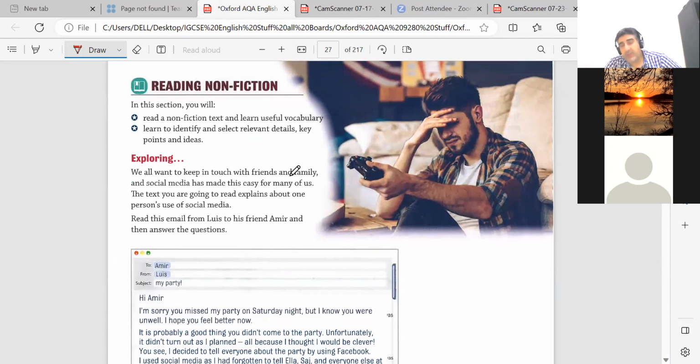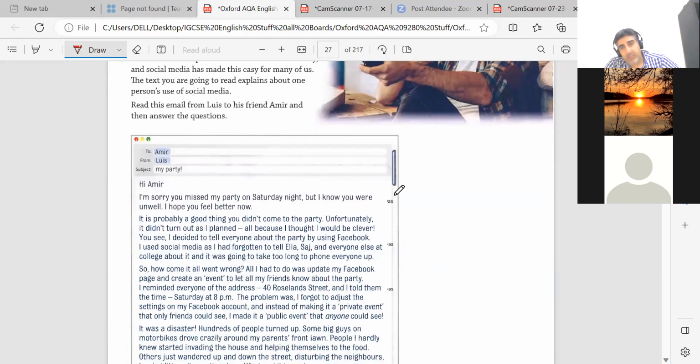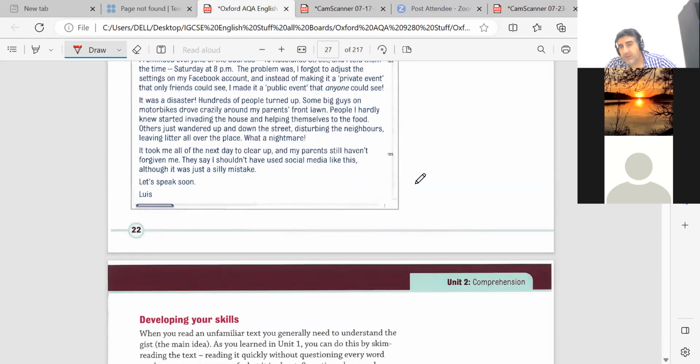Okay, so another non-fiction reading. I am sure you like it, and this is really important and useful for you, ya Muhammad, because you asked me before how can I write a diary. So this is a good example for you. Please read it carefully and apply skimming and scanning strategies to be well prepared for writing.